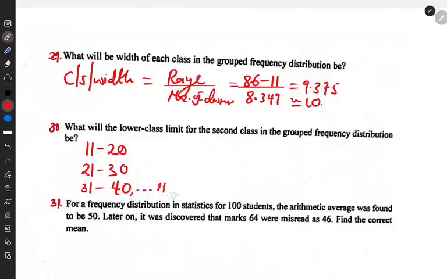So let's take note of that. We were asked for the lower class limit for the second class in the group frequency distribution. So the lower limit for the second class is 21. So let's take note of that.